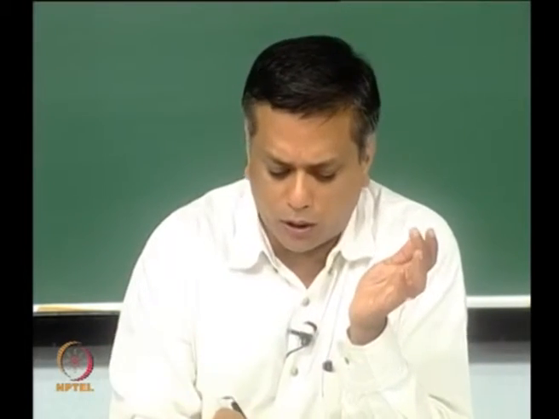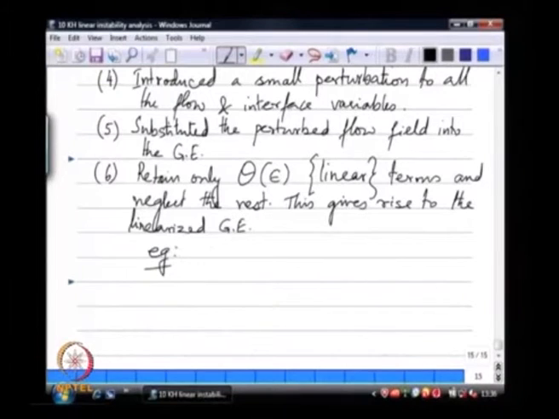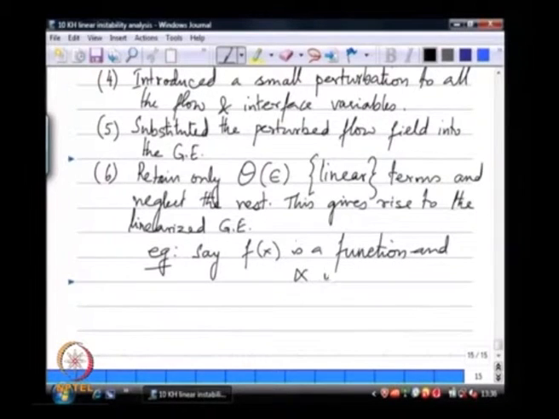So, I will give you an example here. Say I take a function f of x, and alpha is a root. If alpha is a root of the function, that means clearly f of alpha equal to 0.